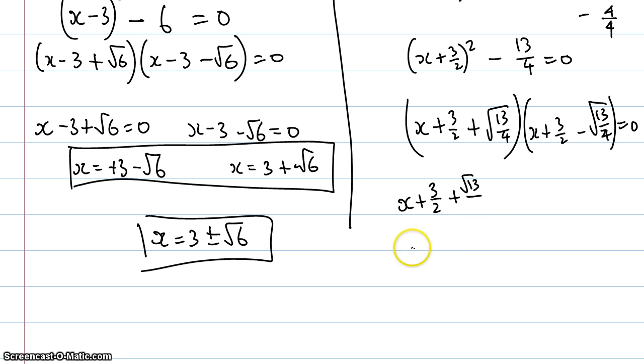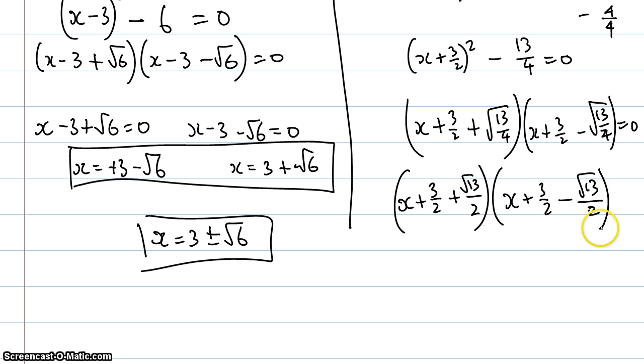So that's just over 2, and this becomes x plus 3 over 2 minus root 13 over 2. It's like we applied the square root to the bottom, but not to the top, because the top's still there.